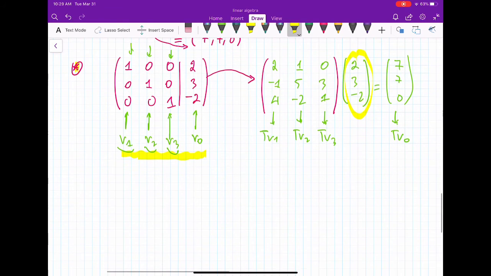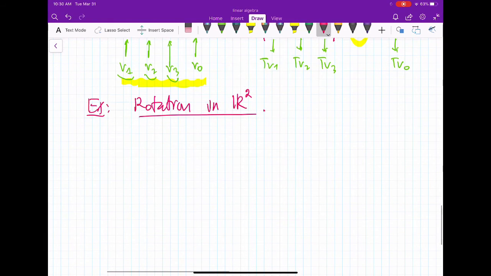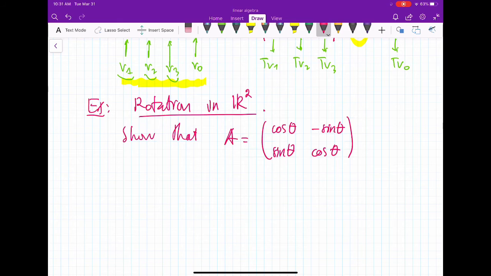All right, let's consider the following example. First one is rotation in R2. Let's show that A, with entries cosine theta, negative sine theta, and sine theta, cosine theta, has the property that it rotates every vector in R2 counterclockwise about the origin through the angle theta.